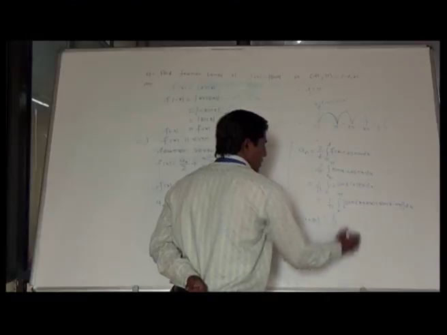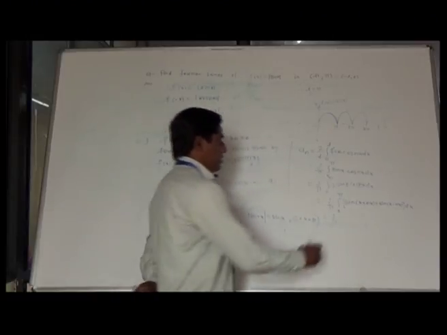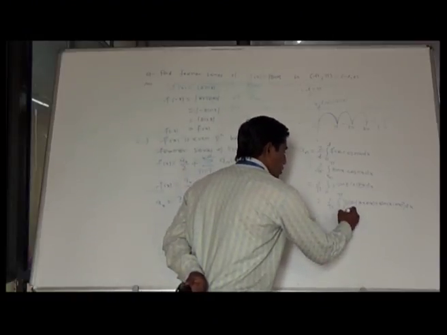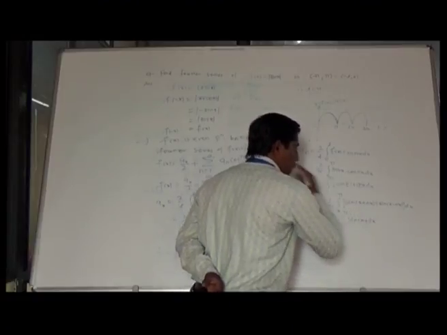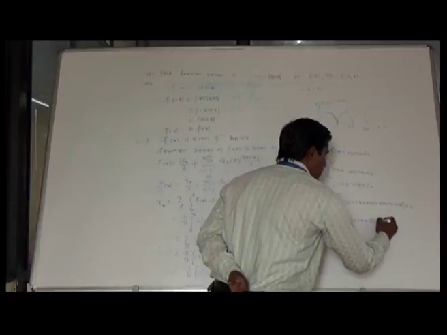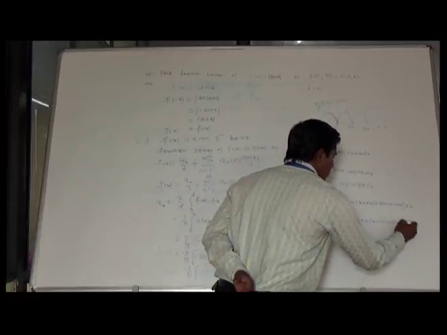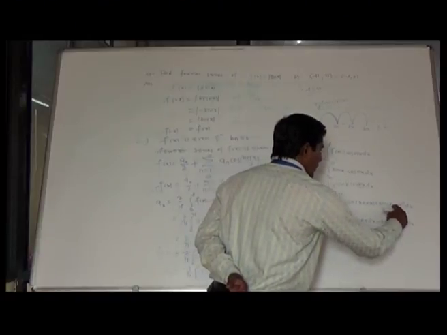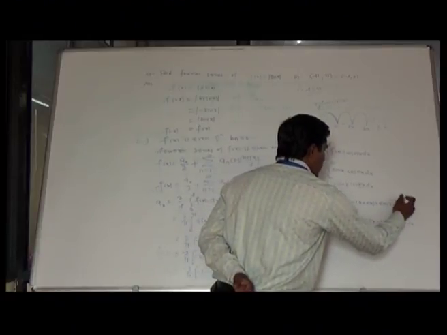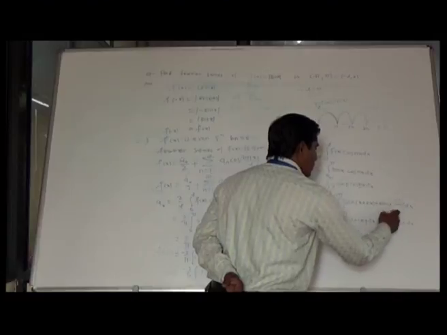It is the same as 1 upon pi, integral 0 to pi, this is sin of (n plus 1)x, plus sin of (n minus 1)x dx, bracket close. We take this as (1 minus n) into x, sin of minus theta is minus sin theta.